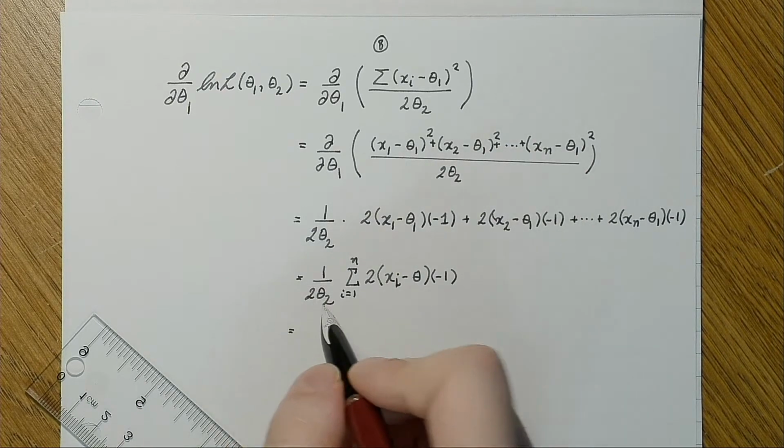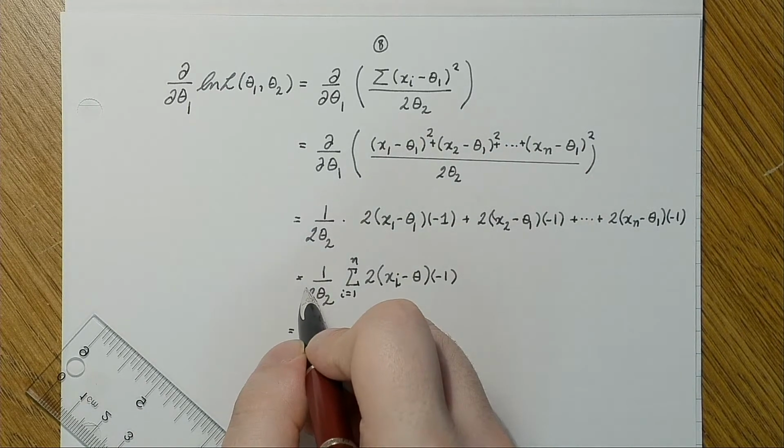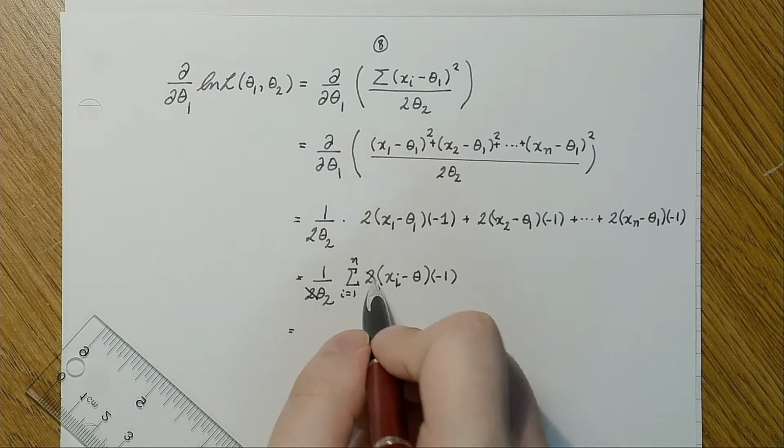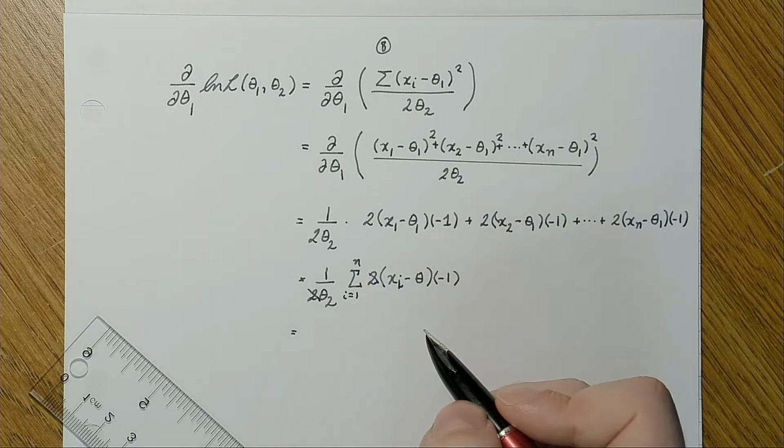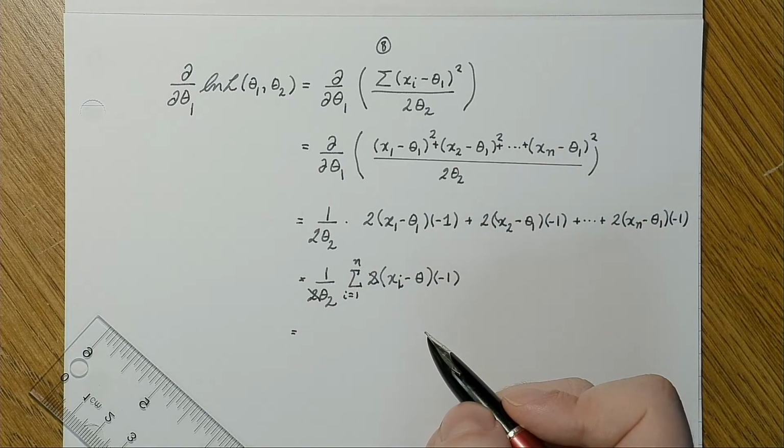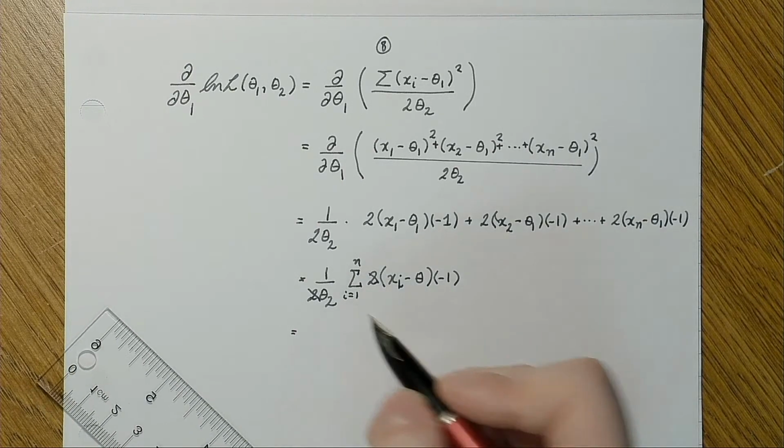What else can I cancel? I could cancel out this 2 and the 2 here. Again, that reduces. I can bring that minus out in front.